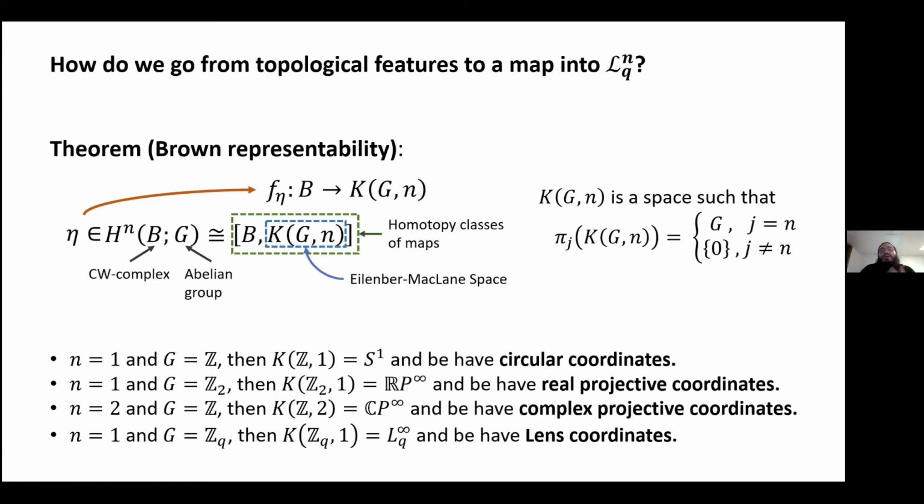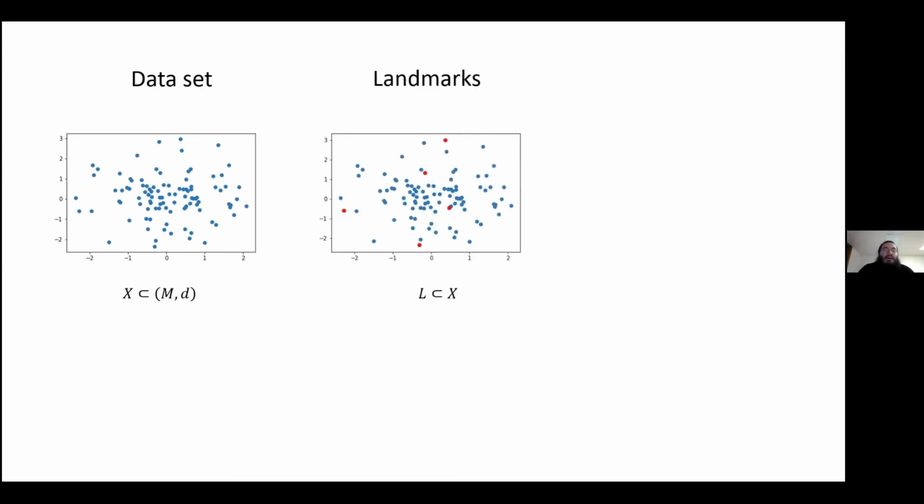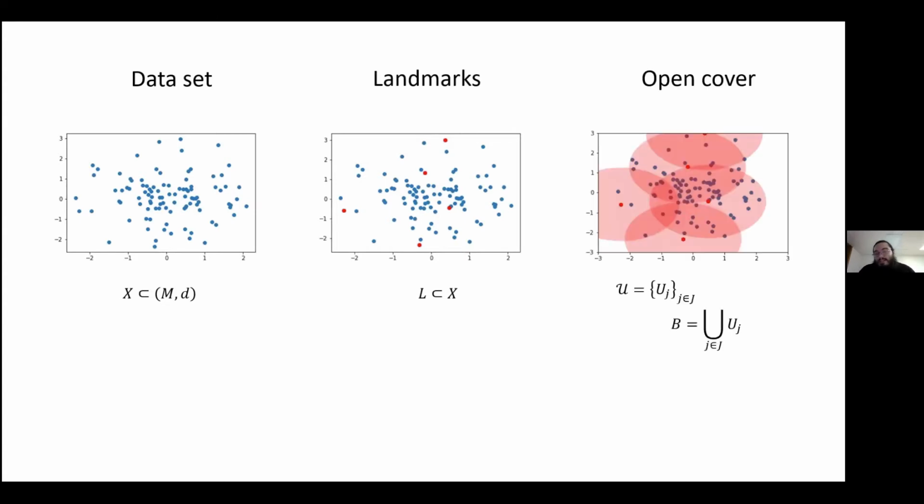So how do we go about actually obtaining this map out of one of these cohomology classes? First of all, the setting that we're going to use is that we're thinking of our data sets just as finite metric spaces. Out of these, we're going to select a collection of landmarks.